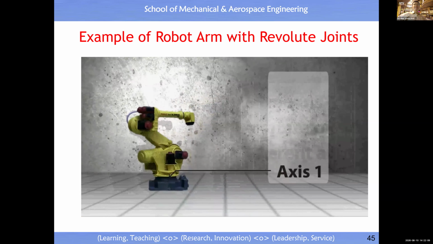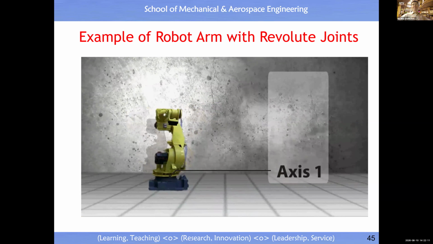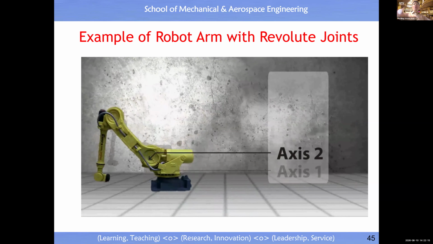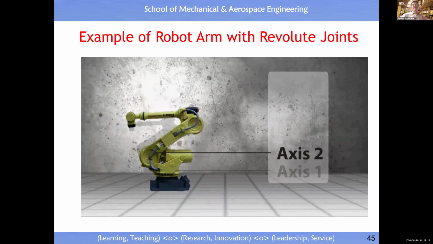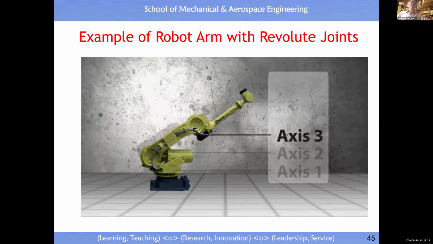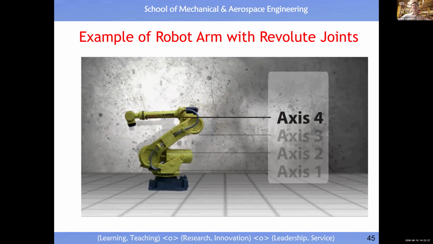This is terminology in robotics. Then you have more than one axis. Axis number 2, number 3, number 4, twisting. Number 5 is a pivot.